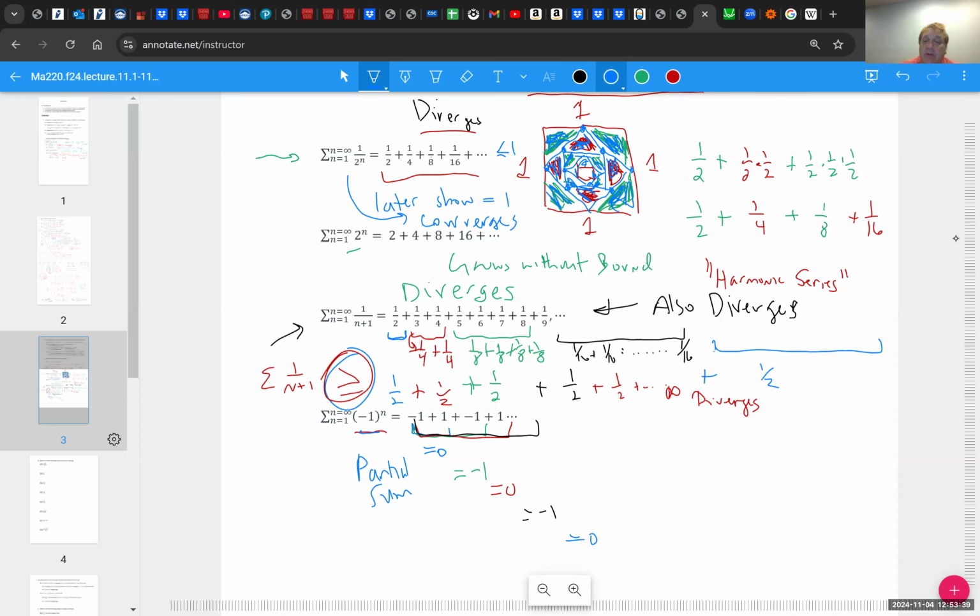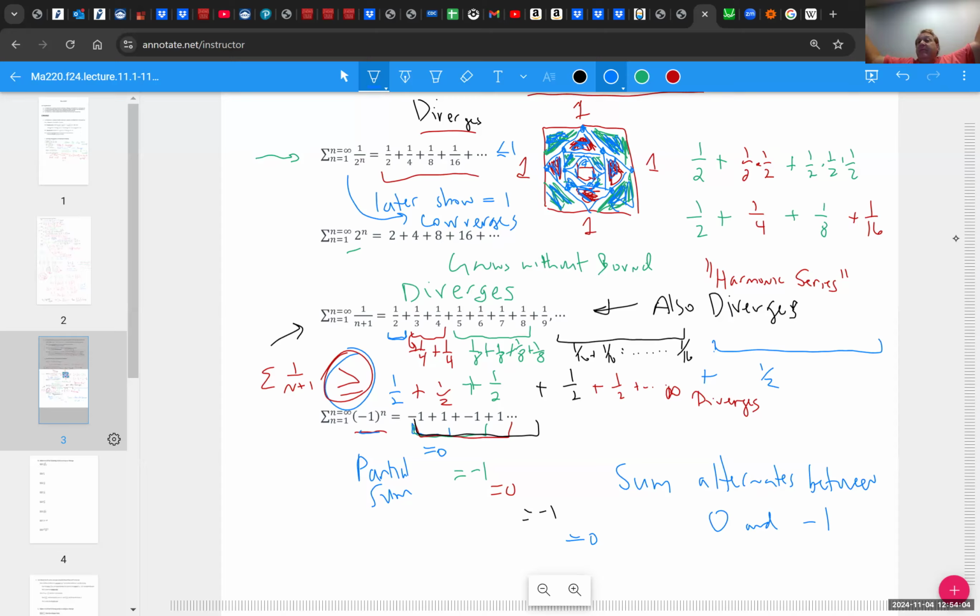So our sum is going between 0 and -1 and 0 and -1. So the sum alternates between 0 and -1. So depending on how far I go, either I get a sum of 0 or -1.